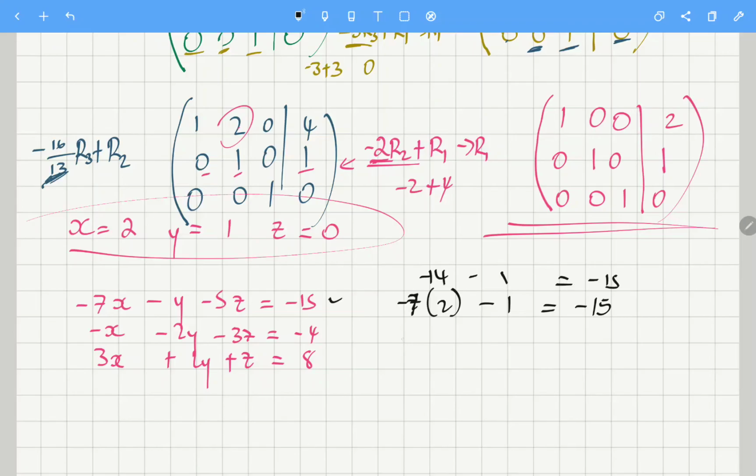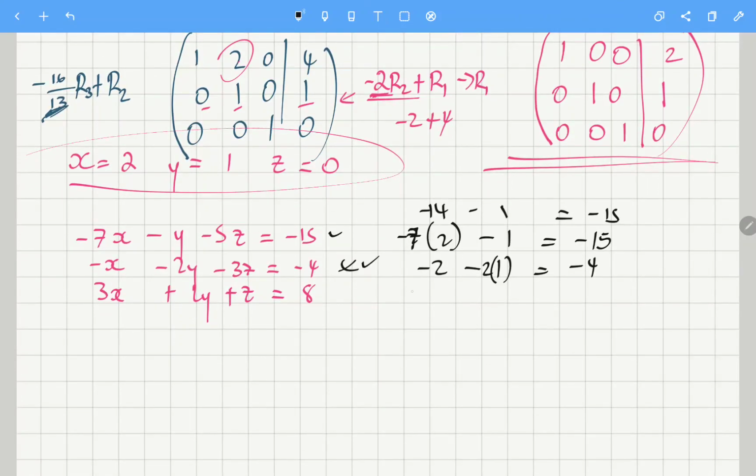Likewise in the next one, that's minus 4, which is correct. And finally the last one: 3 times 2 plus 2y, where y is 1, is 8. So that's correct. So yeah, those are the answers.